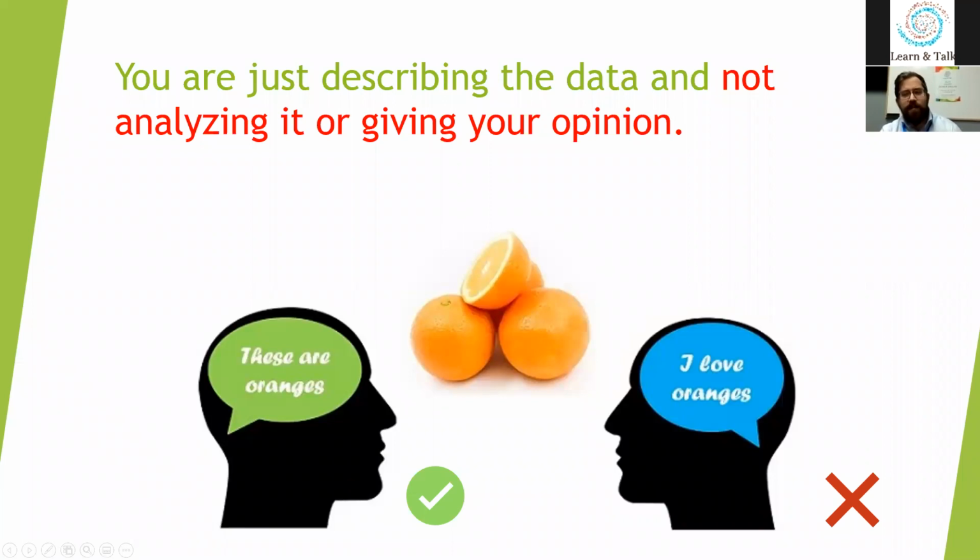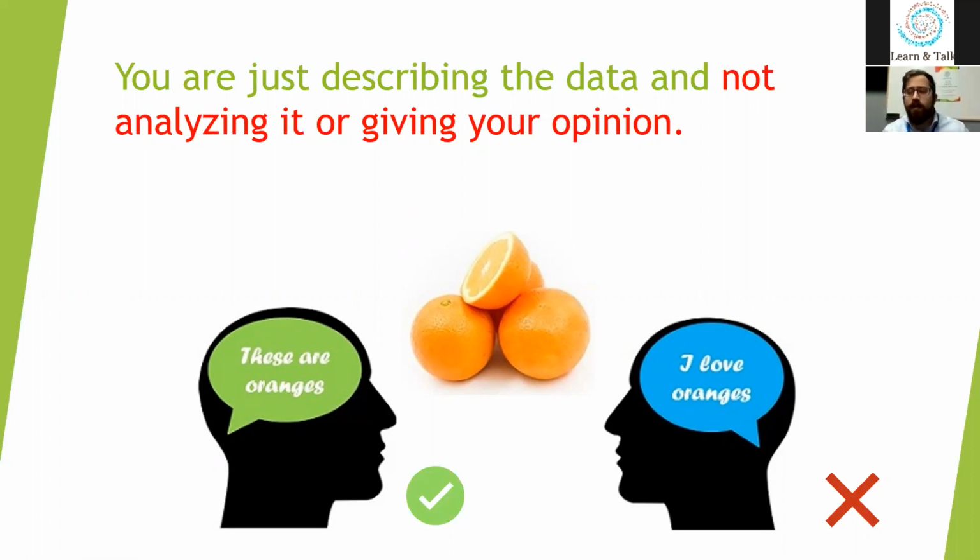Now, another very important thing to keep in mind is that you are just describing the data and not analyzing it or giving your opinion. So in the picture here, we can see some oranges, these are oranges, describing it, and I love oranges, giving an opinion. So you should not give your opinion during your writing task 1.